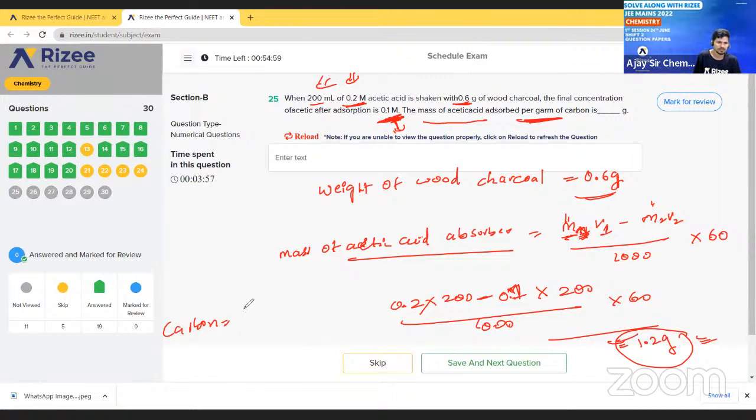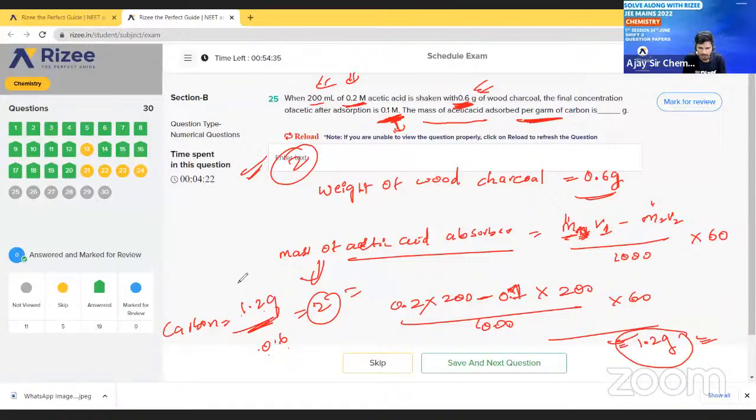We got 1.2 grams, and the mass of this carbon is the initial 0.6 given here. So we put 0.6 here, and finally we will get approximately 2. What is the correct option? 2 is the correct answer.